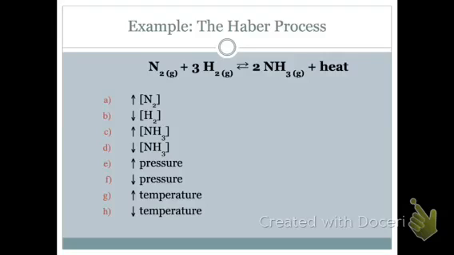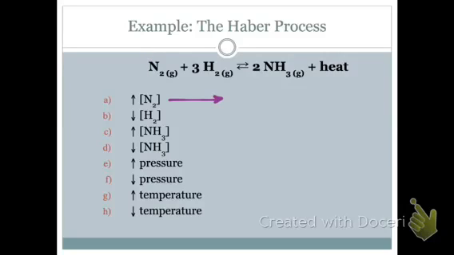So when we're doing this, we're going to look at these individually. If I increase my nitrogen, it's going to shift everything to the right. Then I look at my next scenario.